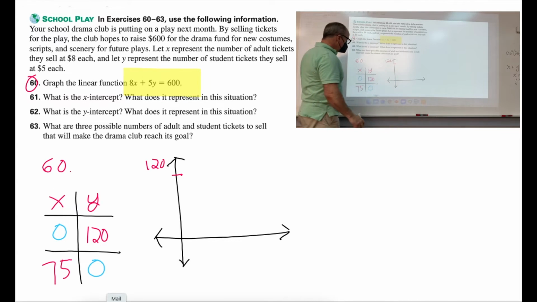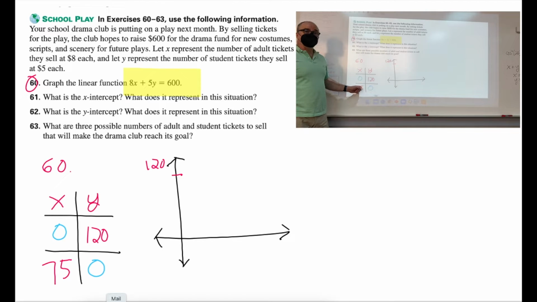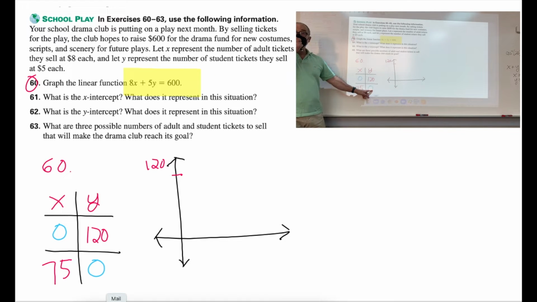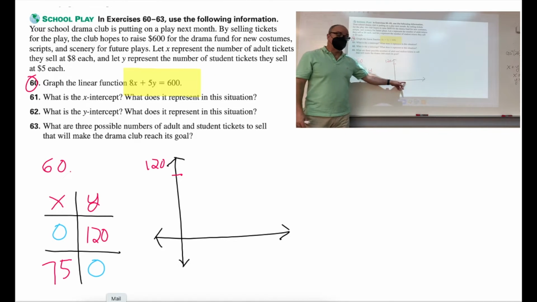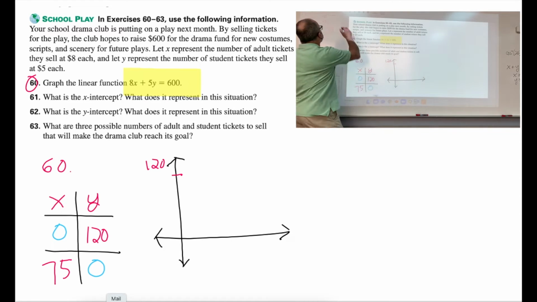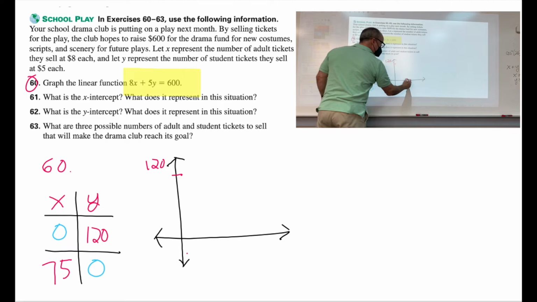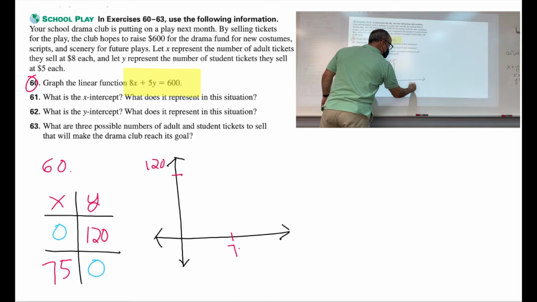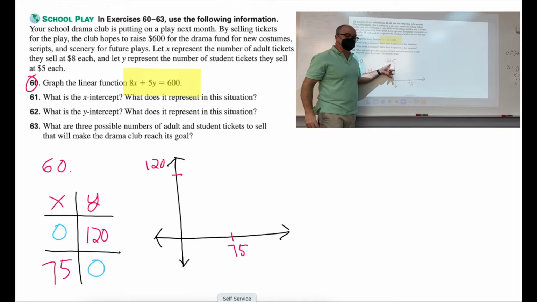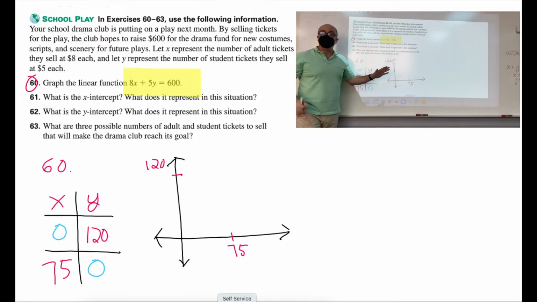And then if you really want to impress me, our next point, 75 comma 0, this means go 75 units on the x-axis and do not go up or down. I don't want you to make 75 little marks. Just, if 120 is about that big, maybe make 75 just a little bit less on the x-axis than you made 120 on the y-axis, and it's good.